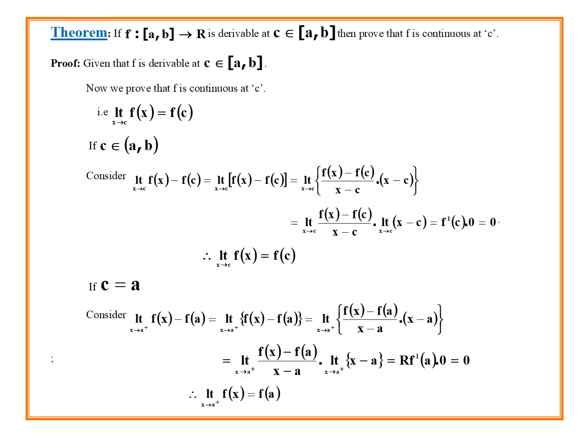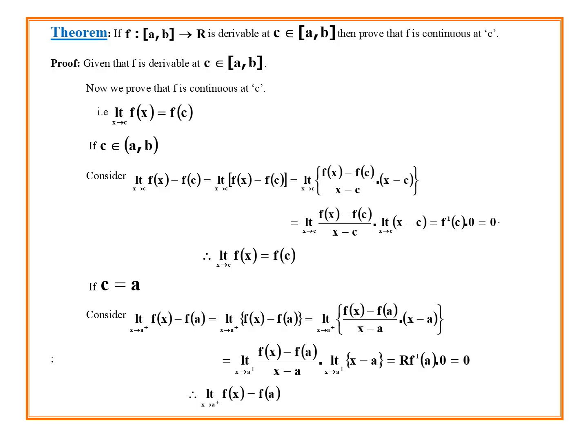If c belongs to the open interval (a, b), consider limit x tends to c of f(x) - f(c). That is equal to limit x tends to c (f(x) - f(c))/(x - c) into (x - c). We are multiplying and dividing with x - c.